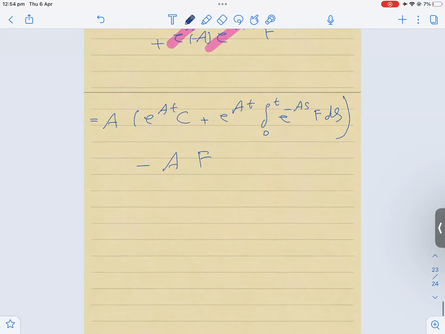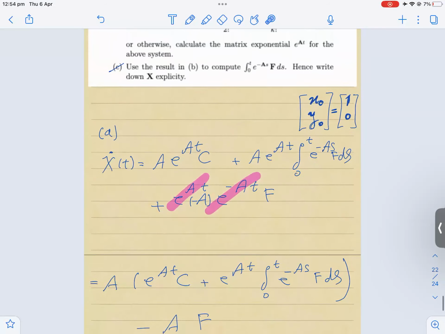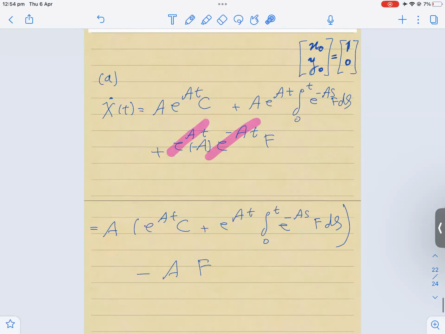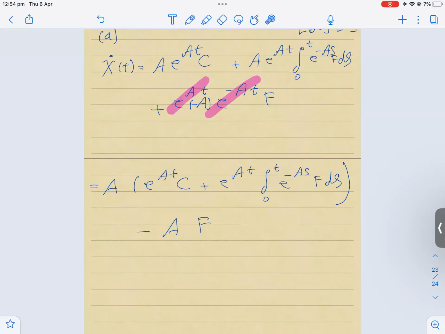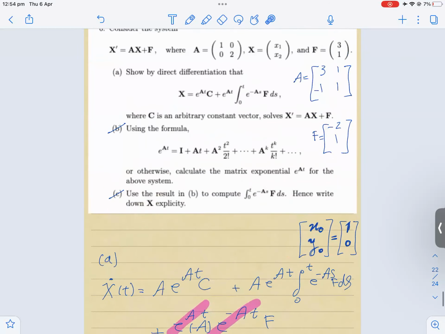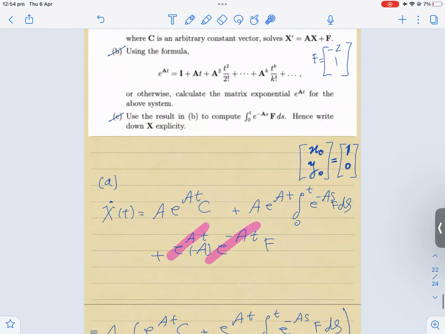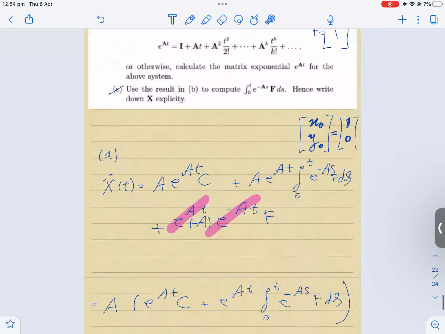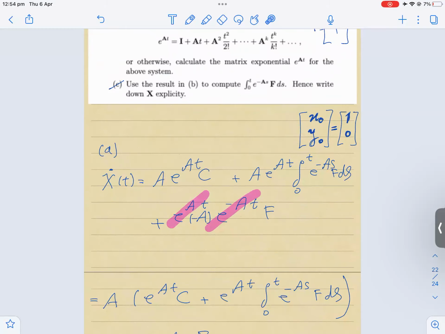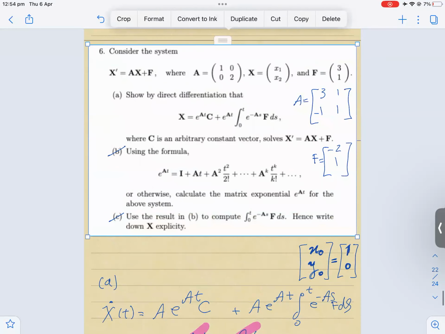Now inside this one, do you see this guy? This guy is equal to x.